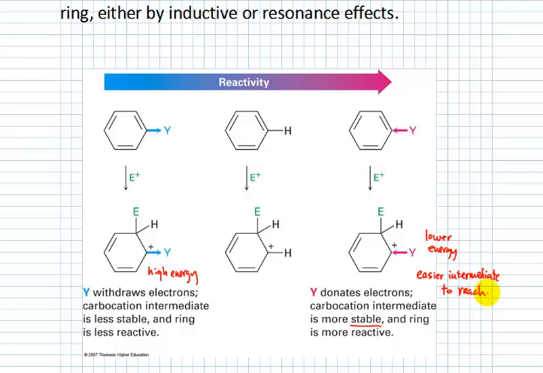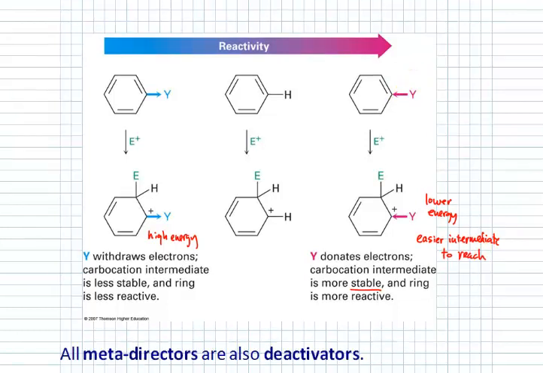Okay. So activating groups, where we're putting electron density into the ring, make for a faster reaction. So high energy, slow reaction. Easier intermediate to reach, that's a faster reaction.